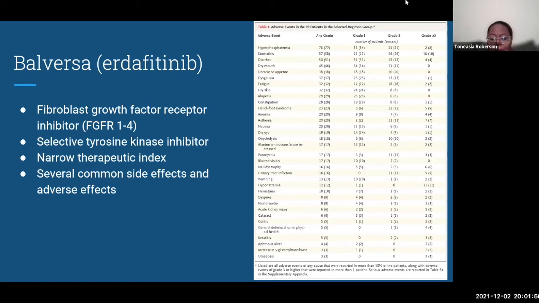The most common adverse effect leading to a dose reduction was stomatitis in 16 patients and hyperphosphatemia in 9 patients. There was a reported death, but it was said to be unrelated to the drug and to the whole treatment.